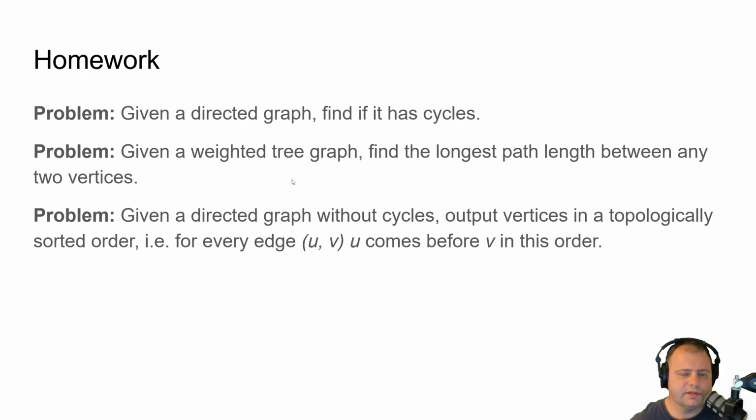And then the last problem is a classical problem, topological sort. We do DFS, and when we get out of a vertex, we add it to the array, but we need to do it in the reverse order.